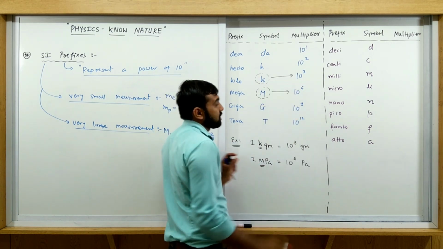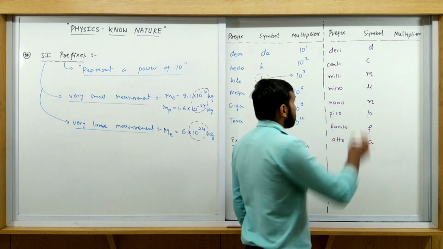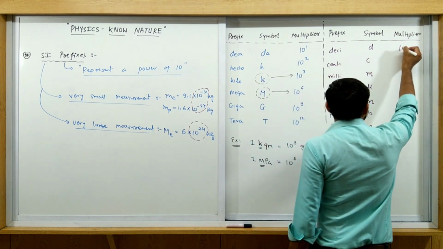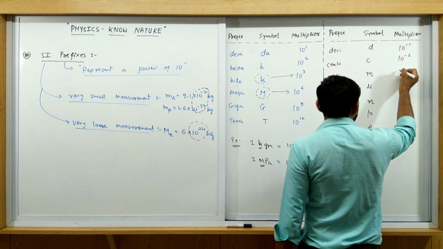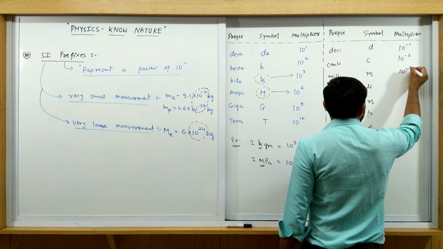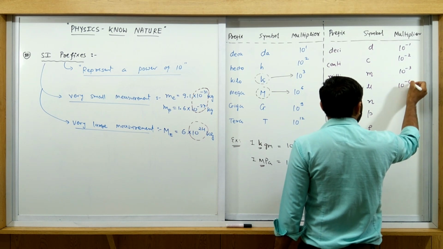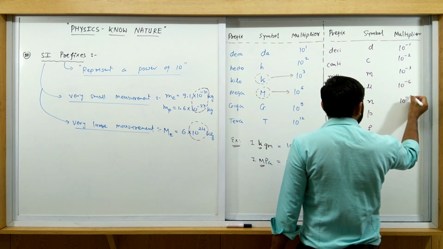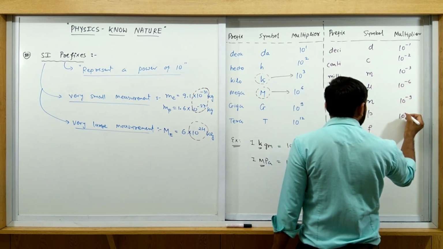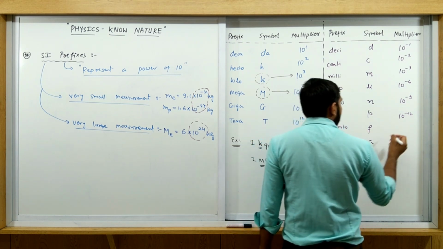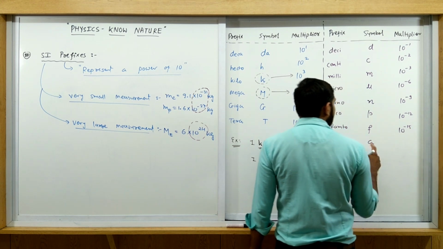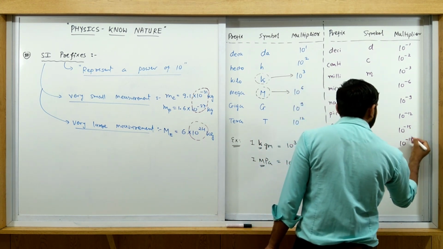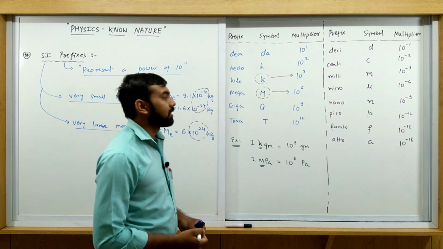Mega is given 10 raised to 6. How will this multiply? Like this. So deci is 10 raised to minus 1, centi 10 raised to minus 2, milli 10 raised to minus 3, micro 10 raised to minus 6, nano 10 raised to minus 9, pico 10 raised to minus 12, femto 10 raised to minus 15, and atto 10 raised to minus 18. So these are the multipliers.